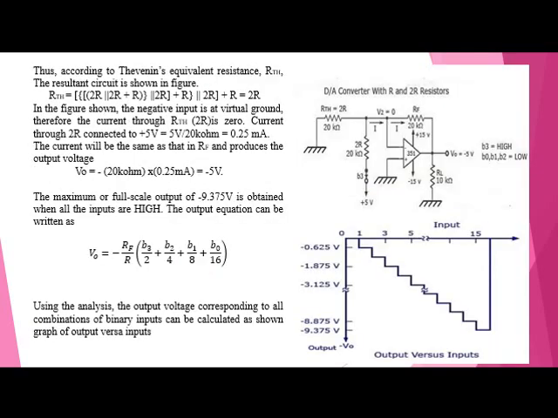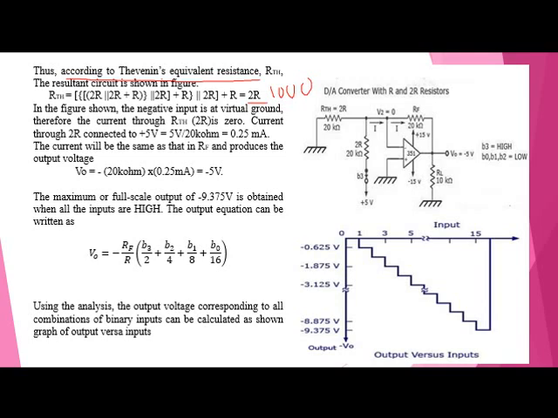Continuing with the Thevenin's equivalent resistance RTS, the resultant circuit is shown: RTS is 2R parallel to R, again parallel to 2R plus R, then parallel to 2R plus R, that is equal to 2R. This is the final result when the MS bit B3 switch is 1 and the remaining bits B2, B1 and B0 are 0, that is 1, 0, 0, 0.